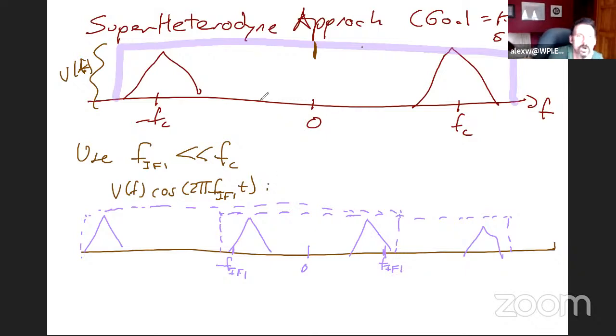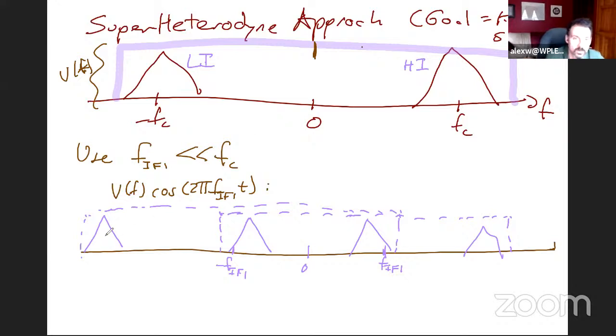So let's call this a lower image, LI, higher image, HI. I'm just making this up just to highlight.